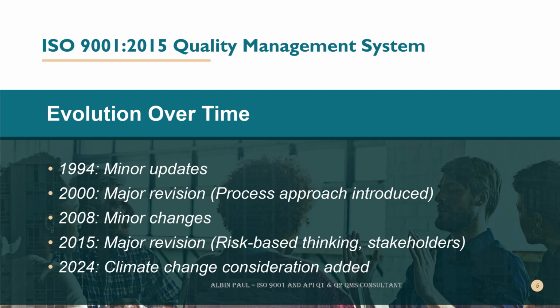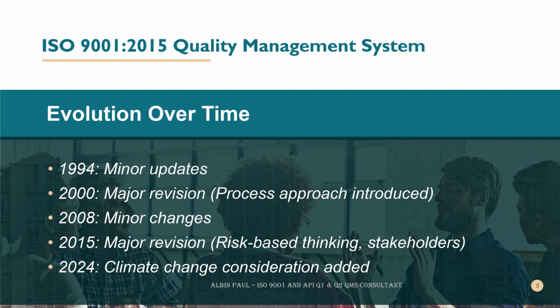At the same time, there was a big shift in thinking. Earlier, the focus was on documentation and compliance. Now, the focus shifted to the process-based approach. So instead of asking, did you follow this procedure? The question became, did the process deliver results?